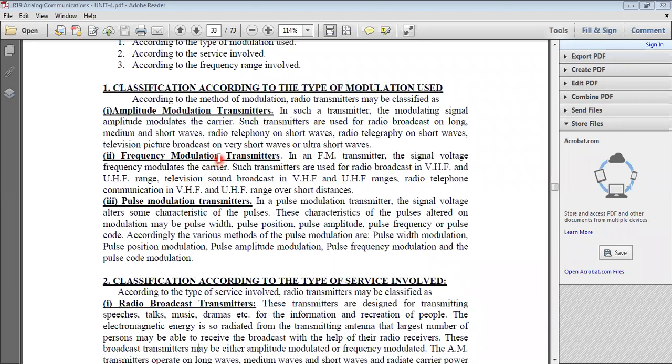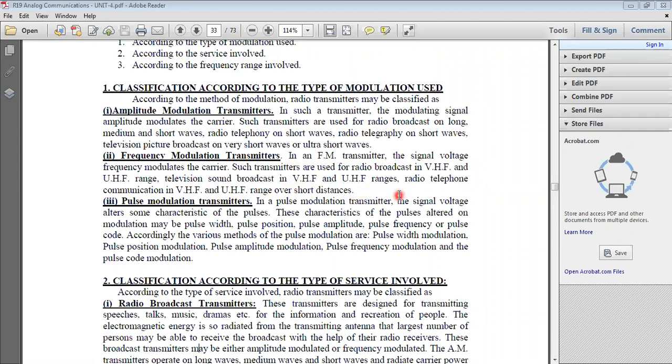If you observe the difference between AM and FM, AM transmitters are helpful in sending the signals for long, medium and short waves. For very high frequency range and ultra high frequency range, we use FM transmitters. That's why FM transmitters are used for radio broadcast in VHF and UHF range, and television sound broadcast in VHF and UHF ranges.